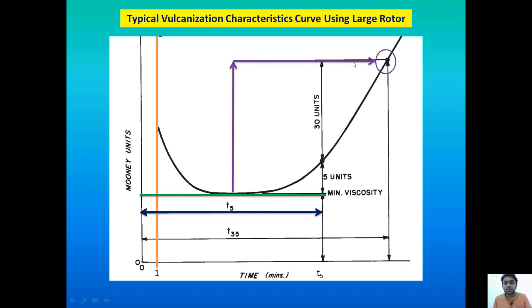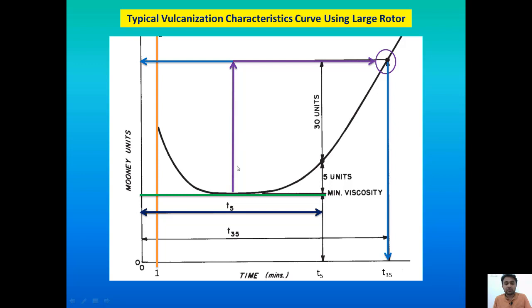Then we need to come to the curve, and we can read that value from here. Then we need to come down. Then you will find T35. That is called the cure time, or the completion of vulcanization, due to the presence of sulfur in the compound and the temperature given.